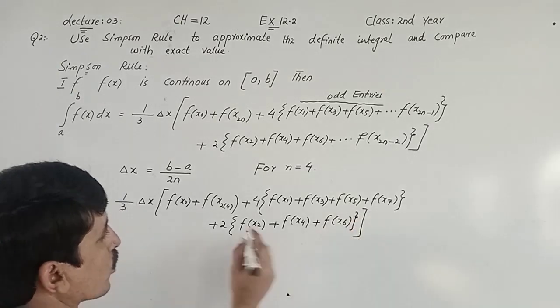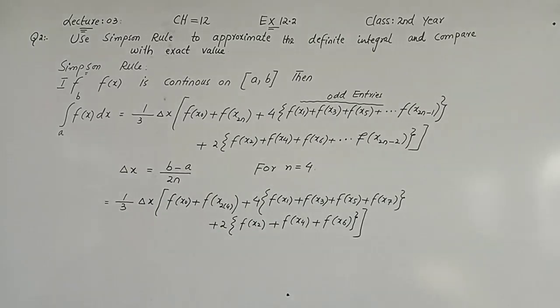This is Simpson rule for n is equal to 4.